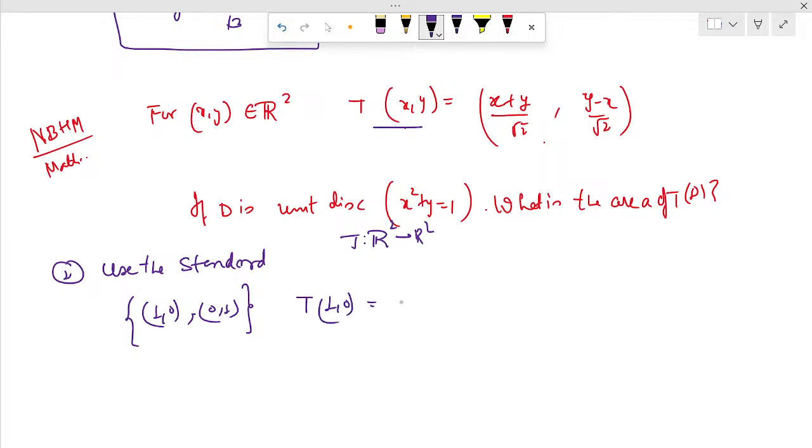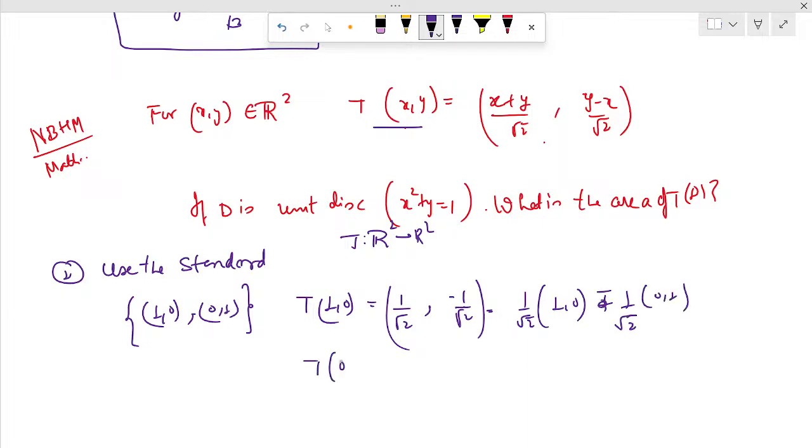T of (1, 0) would be equal to simply (1/root 2, minus 1/root 2).